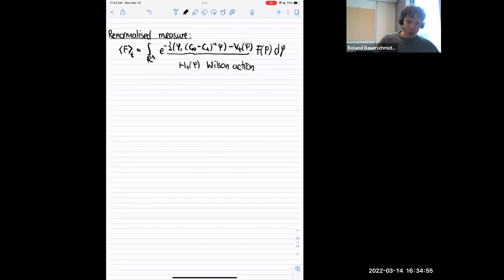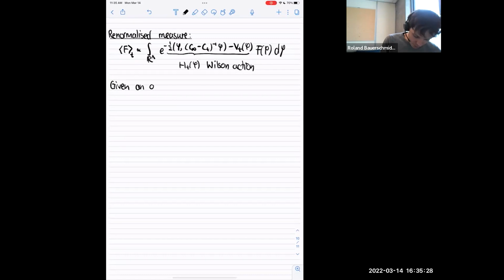Well, what do we do with this? What do we do with this renormalized measure or with the Wilson action, assuming we can find it? In principle, we can find it whenever we're on a finite lattice, but suppose we can find it efficiently or quantitatively well. Ultimately, we'd like to compute, for example, a correlation function or other expectations with respect to the original measure. So we want to look at observables.